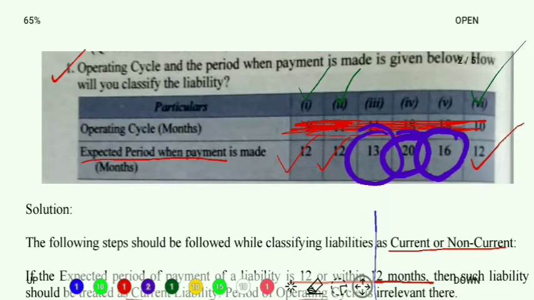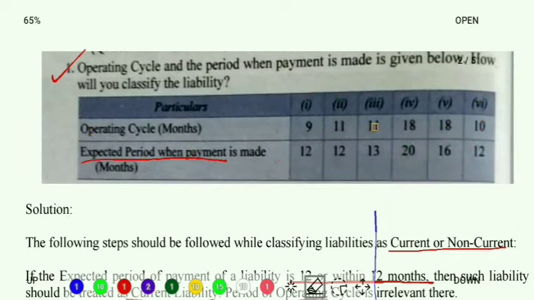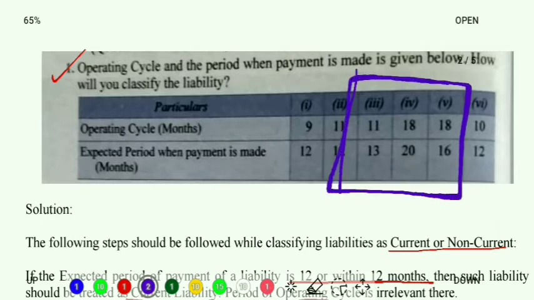We were left over with liabilities 3, 4 and 5, right? So now we'll talk about only these 3 liabilities. Please keep in mind, the rest of the things I'm erasing so that the view becomes clear. So we'll talk only about 3, 4 and 5.